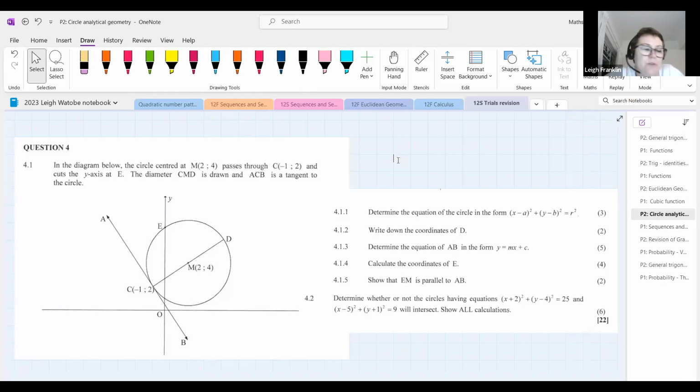Anyone got the equation of the circle so far?